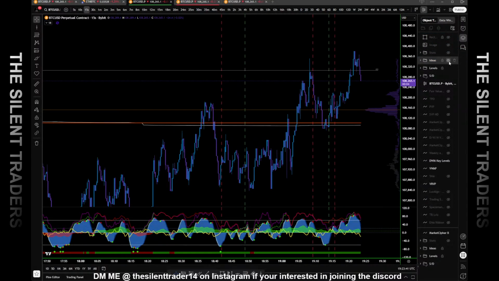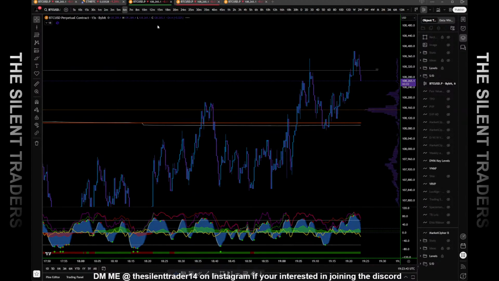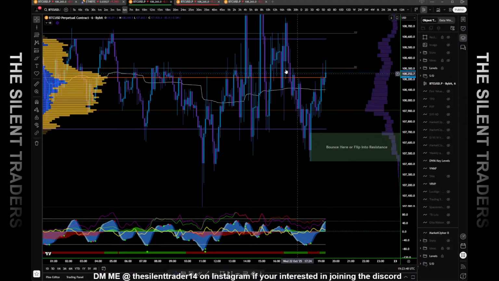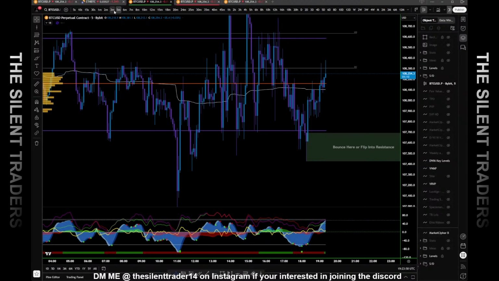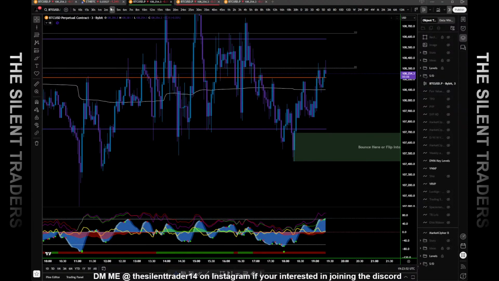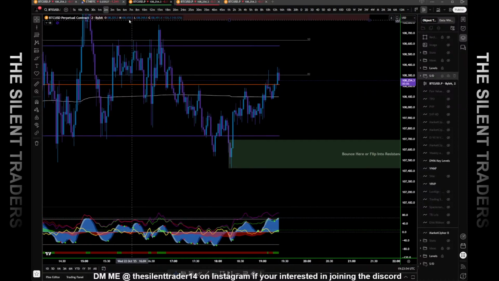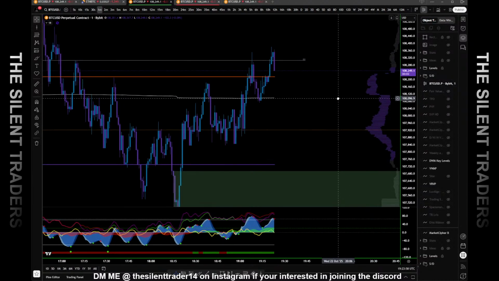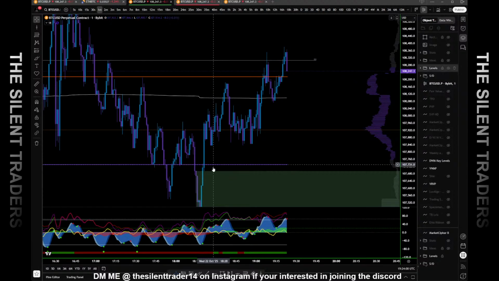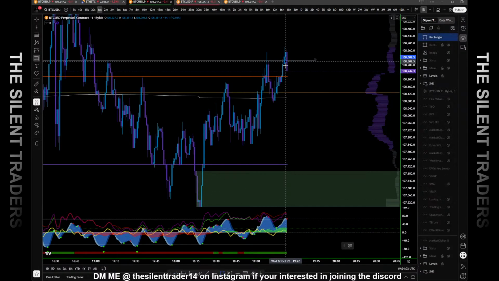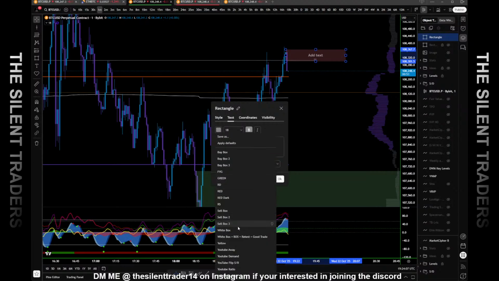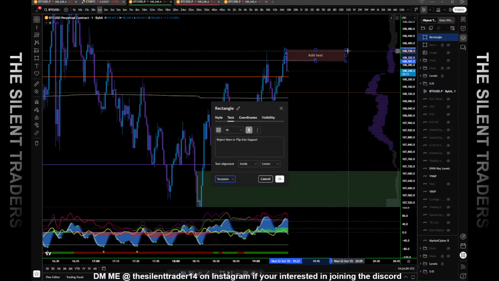Okay, so let's get rid of the idea one. The high volume node, again, is the only thing that matters to me. Let's see if there's more imbalances. No, so we're starting to create a supply imbalance above us. Lose the high volume node is bearish, remember.